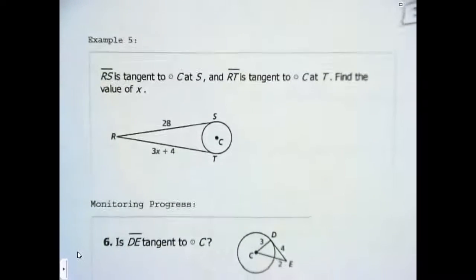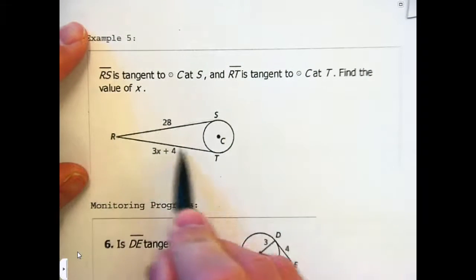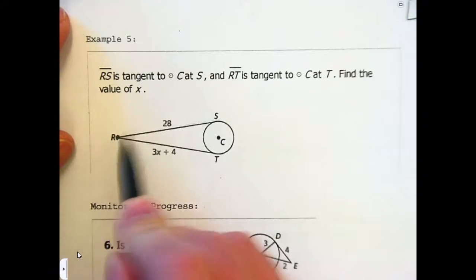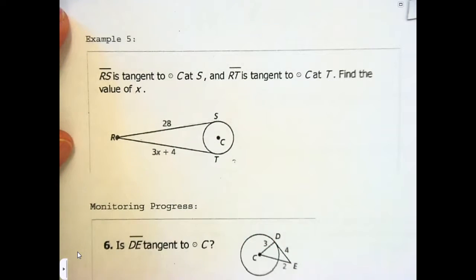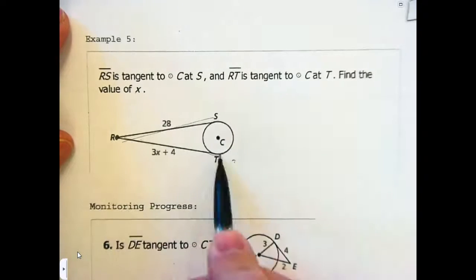One last theorem piece here. When you have two, what are these lines called? When you have two tangents originating at the same point and intersecting the same circle, they will be the same length. Therefore, 28 will equal 3x plus 4.